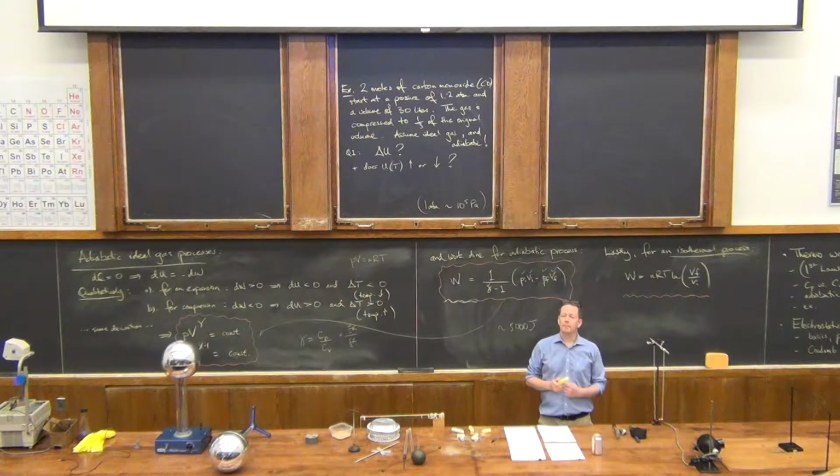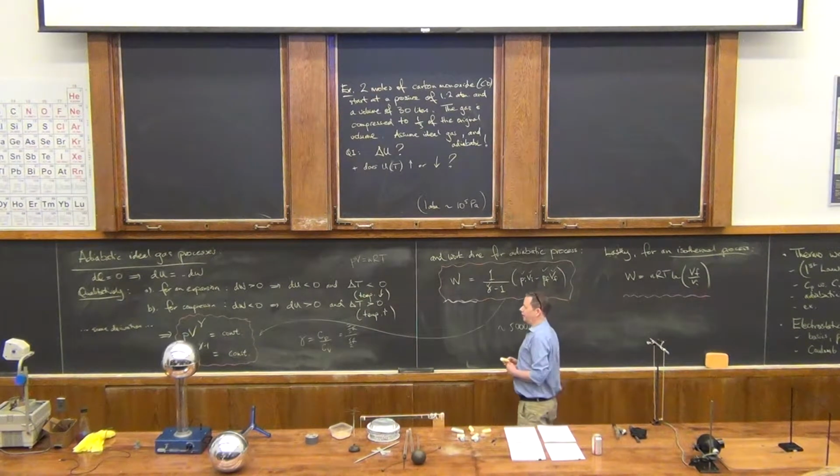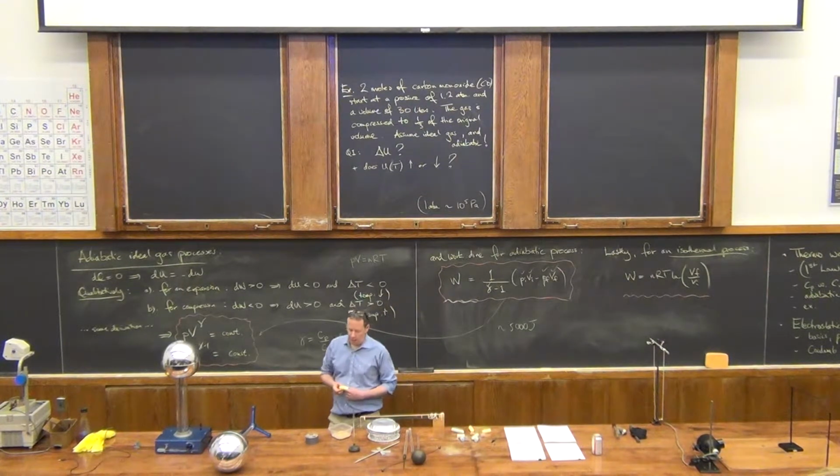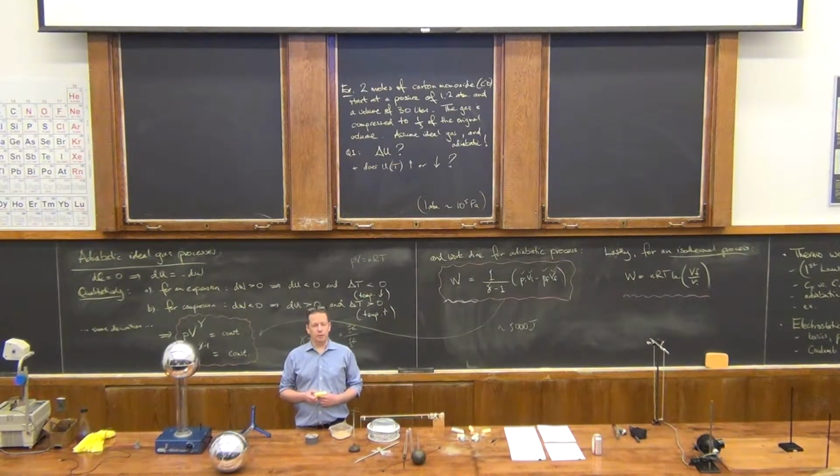How do you expect us to find CV for the classes on CV? Fair enough. How do I expect you to know CV for a diatomic gas on an exam? I will try to guide you.